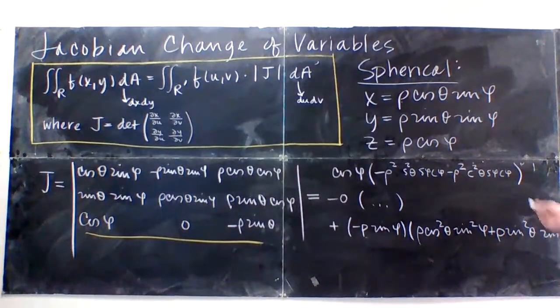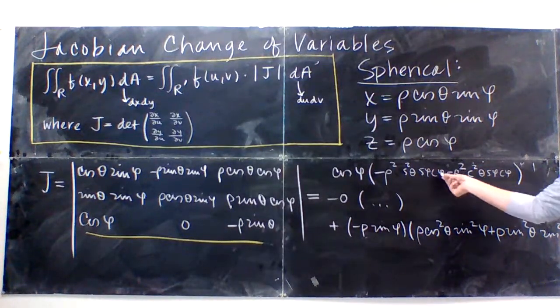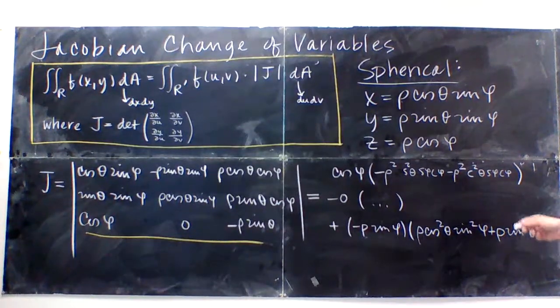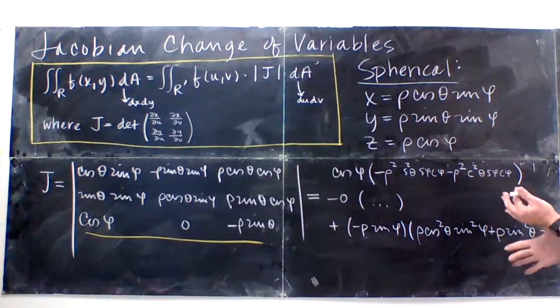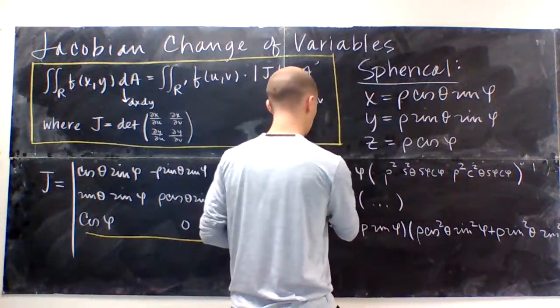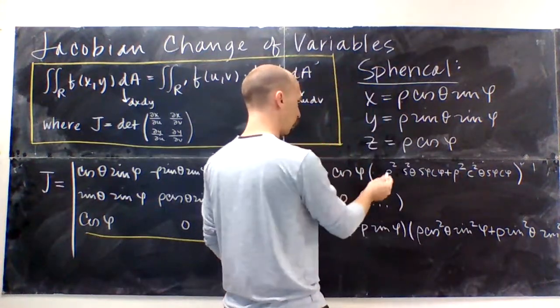All right, so this first one got rough enough that I had to abbreviate using S for sine. So sine squared theta sine phi, cosine squared theta sine phi, cosine phi. What I'm going to do is factor out the negatives, so I'll have it here, and I'll say that's plus. Factor out a rho squared.